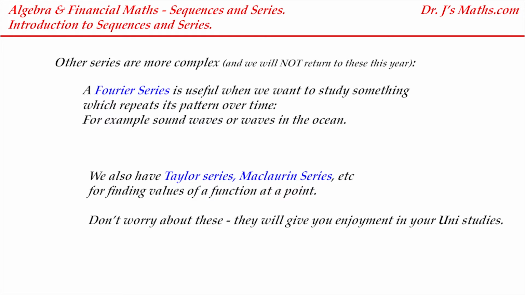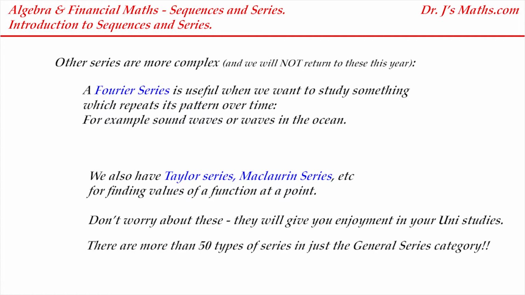We also have other kinds of series like Taylor series and Maclaurin series for finding the values of a function at a particular point. Now don't worry about these, they will give you enjoyment in your university studies. Absolute untold enjoyment. There are more than 50 types of series in just the general series categories, and we're going to have a look at 2 of those.